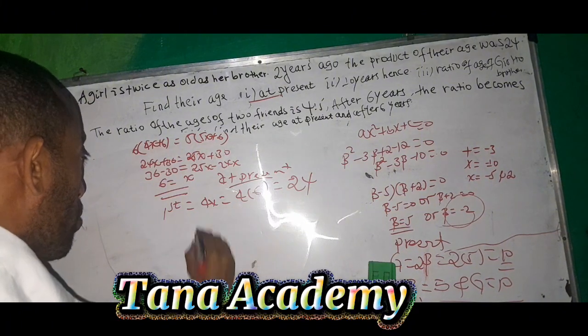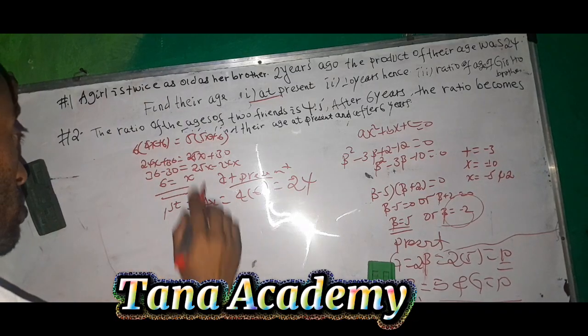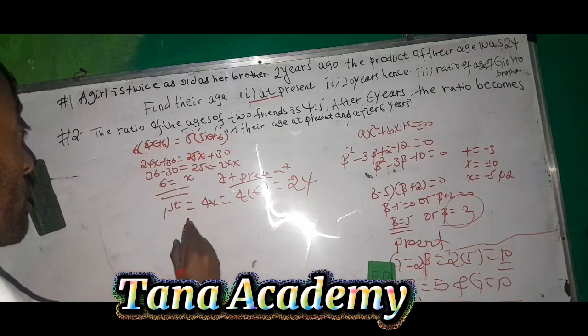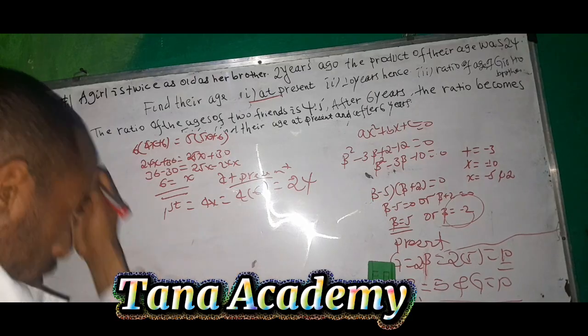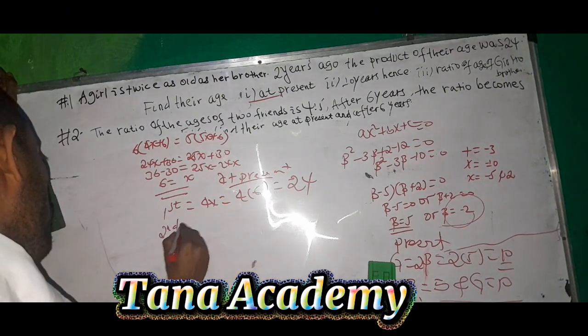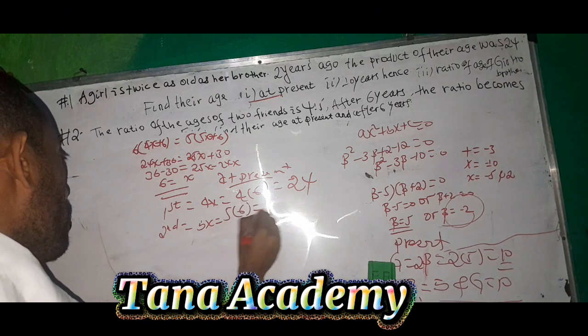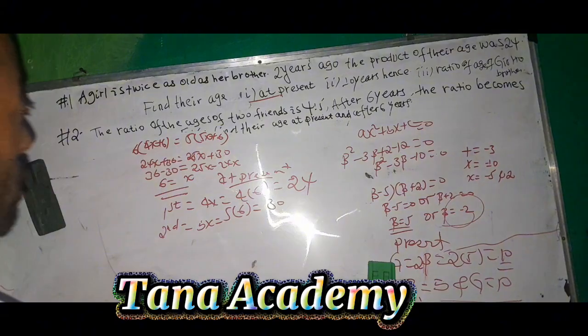At the time of solving this problem, the first friend is 24 years old. The second is 5x, which is 5 into 6, equal to 30.